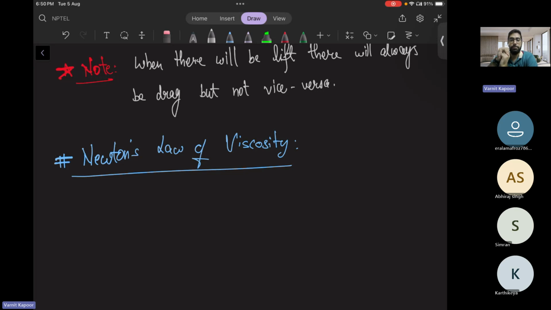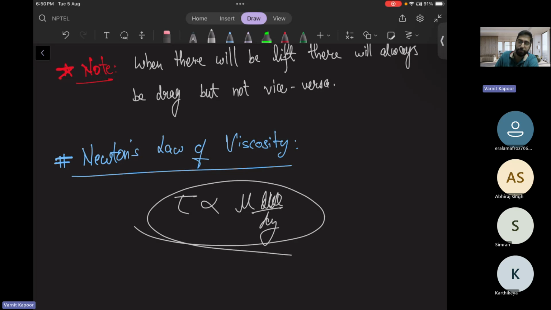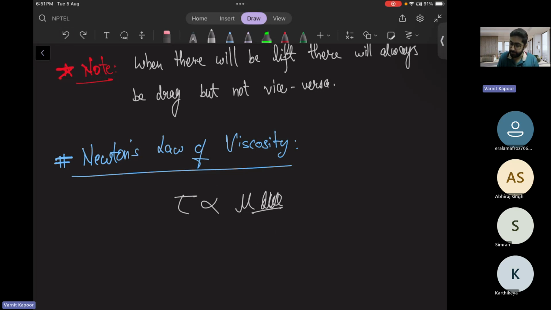So whatever we were doing till now, that is shear stress is directly proportional to du by dy, is nothing but Newton's law of viscosity. But I have to give you the essence of the physical flavor of the science, what is happening, and why we are doing all this. So this was nothing but Newton's law of viscosity so far. Okay. So I'll write this.